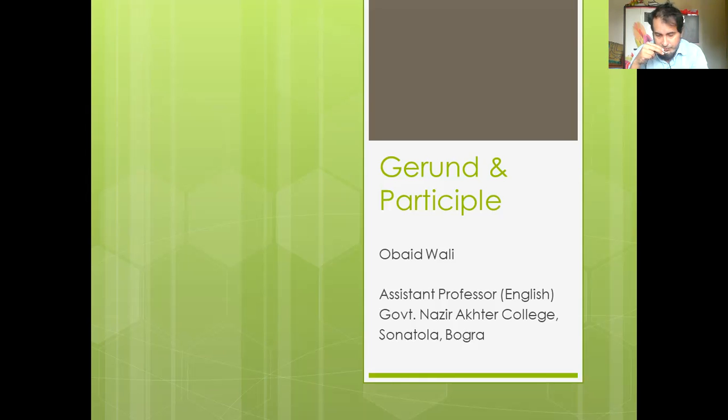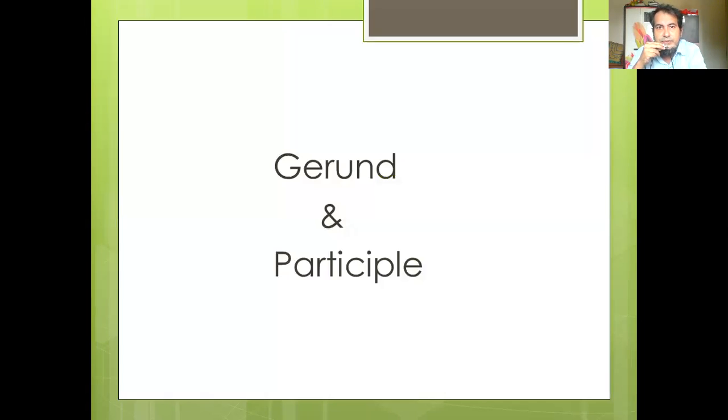Before we move to the main discussion, I want to remind you that we will start discussing our text very soon, and I hope that by this time you will manage your textbook published by NCTB, that is the English for Today book.